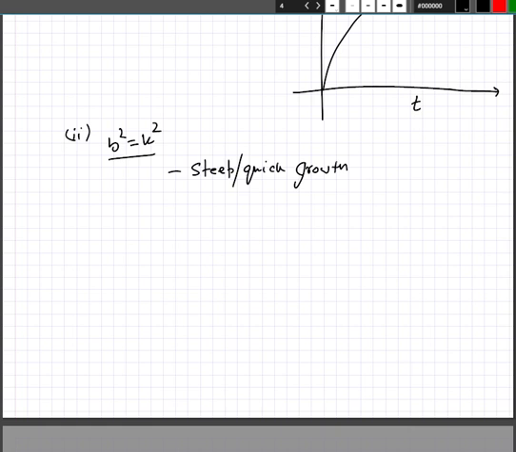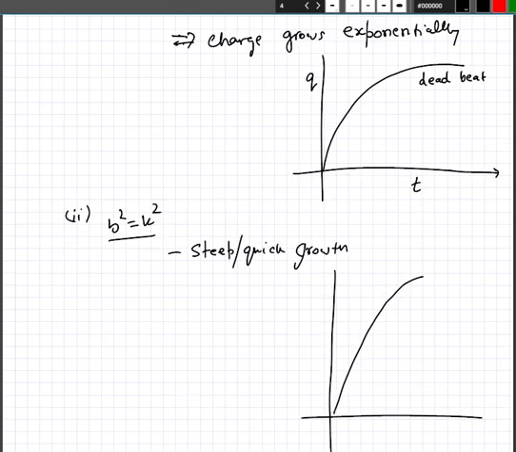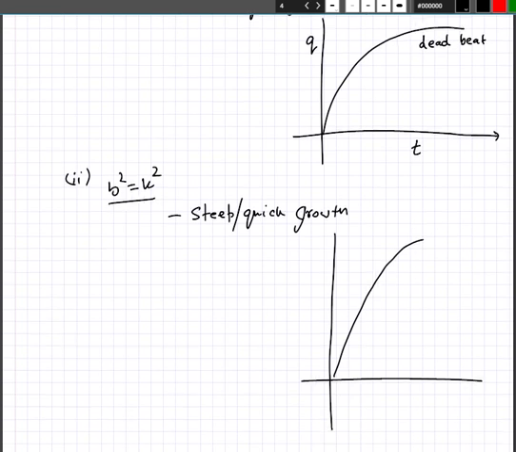So we can plot that as a bit steeper, maybe a bit more steeper, that's all. So this is known as critically damped.